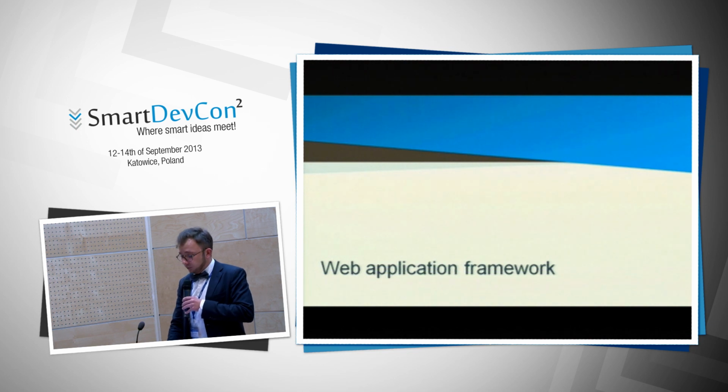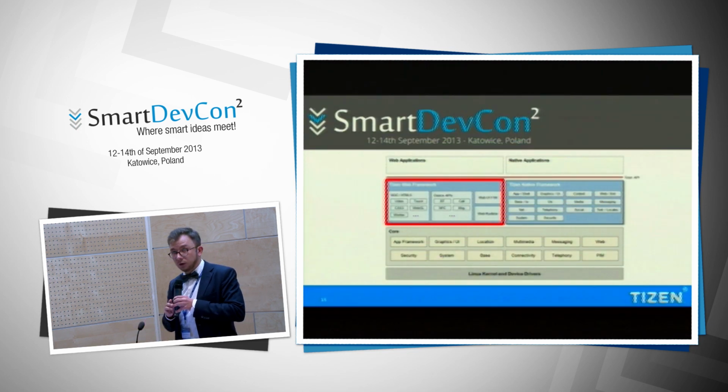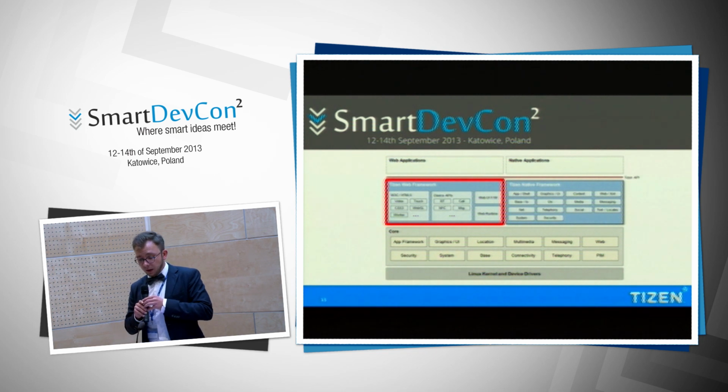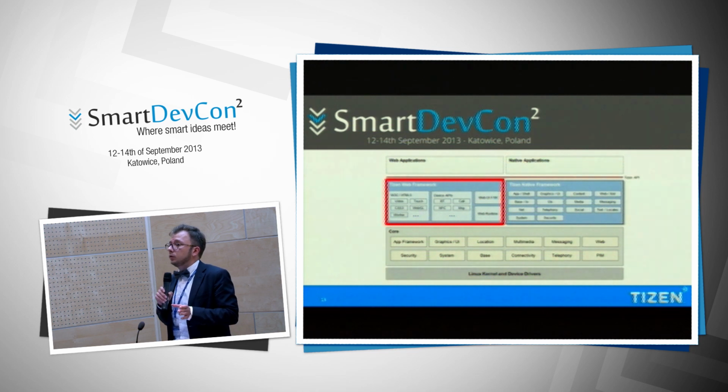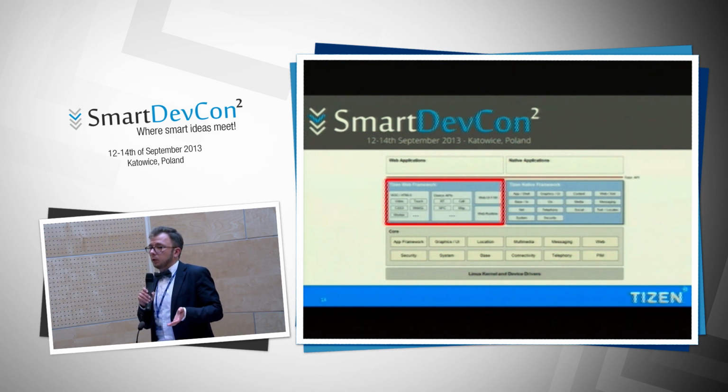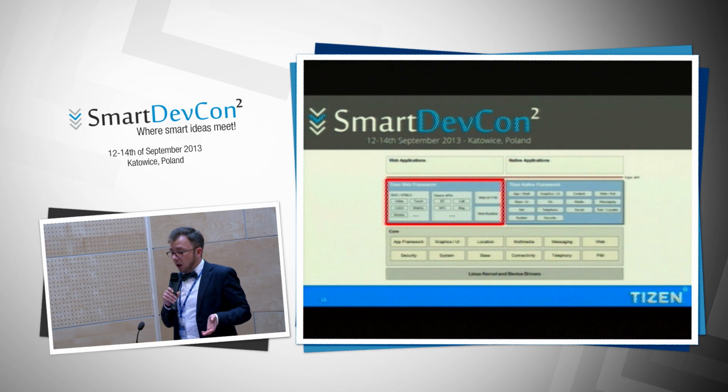Okay, so the web application framework. This is the architecture of Tizen, and as I said, on the web application framework, we have all those APIs that are available in HTML5. It's specified by the W3C standard, and things like WebGL are also available. And we are, of course, providing device APIs to get access to pieces of hardware such as NFC. But we are working to make these APIs part of standardization.